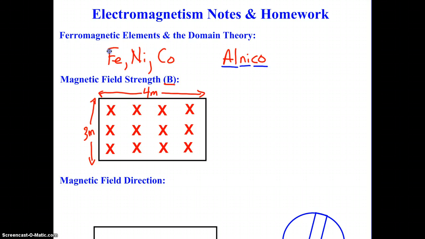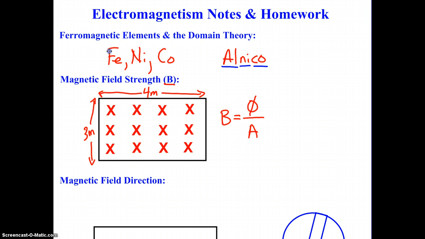So how do we calculate the strength of the magnetic field? The strength of the magnetic field, capital B, is the magnetic flux, the symbol for which is phi, divided by area. So it makes sense that it would be the magnetic flux per unit area.